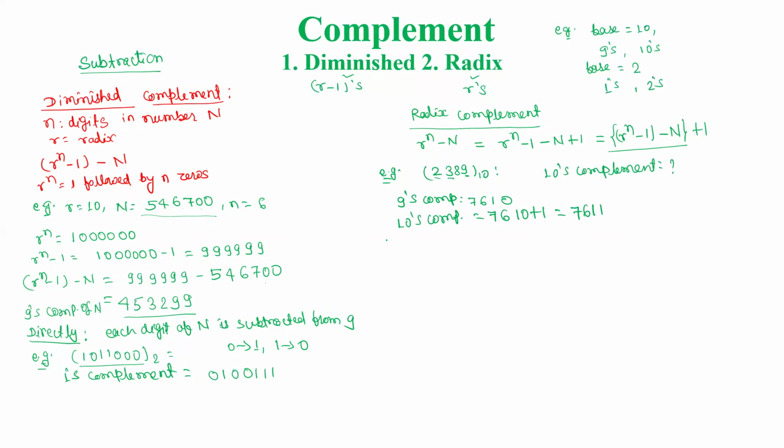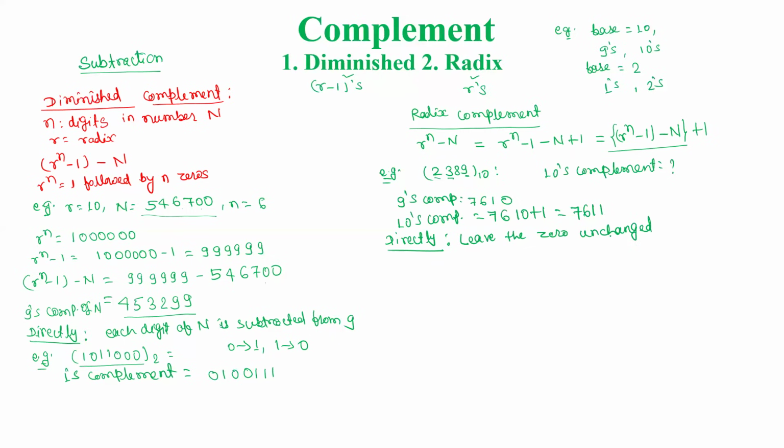Now, how do we obtain the tens complement directly, without the help of the diminished complement? What is the rule? Leave the non-zero digits. When we go from the LSB side, first we leave the 0 unchanged.